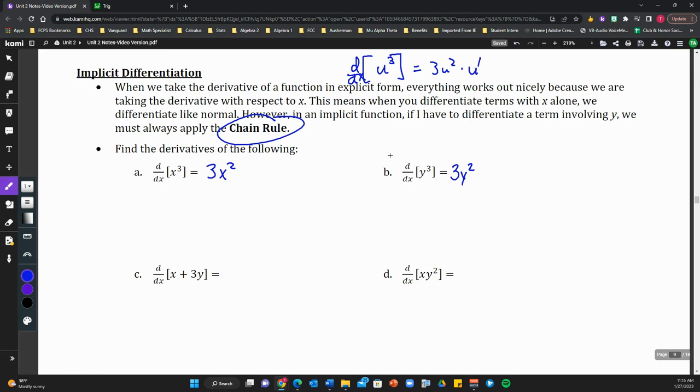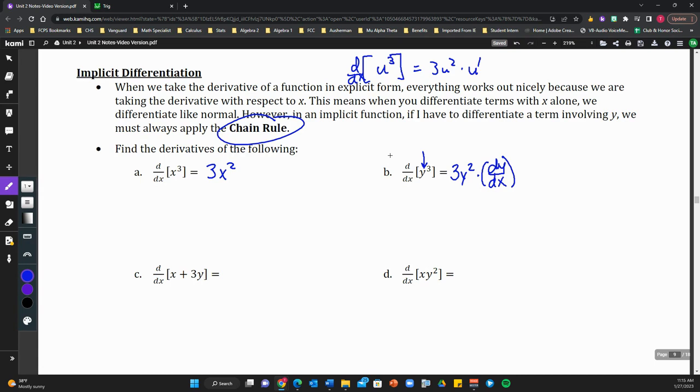Well, that's still true here. Instead of a u, it's a y variable. So I have to multiply this by the derivative of this variable with respect to x. Now, instead of using u prime notation, we know another way to represent the derivative of the y variable with respect to x. And that notation is simply dy dx.